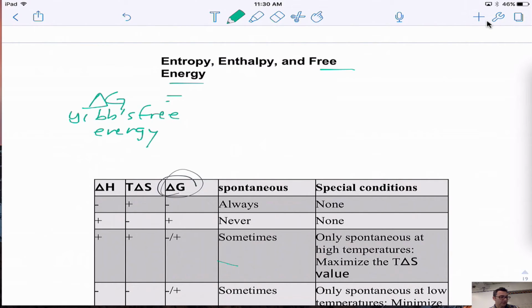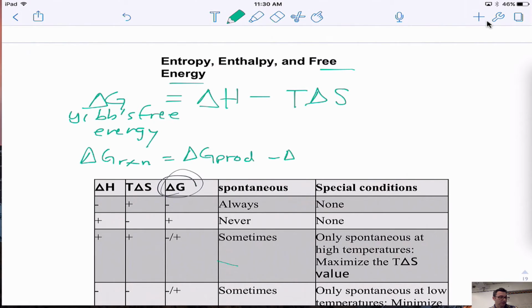The Gibbs free energy is equal to the change in the enthalpy minus the Kelvin temperature times the change in the entropy. You can also calculate delta G directly by using the table and do delta G of the reaction equals delta G of the products minus delta G of the reactants.